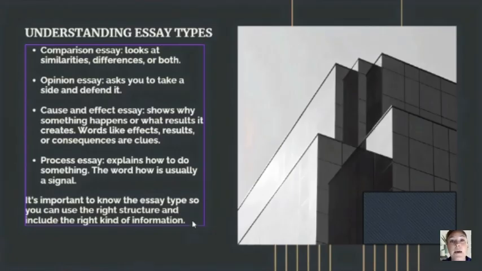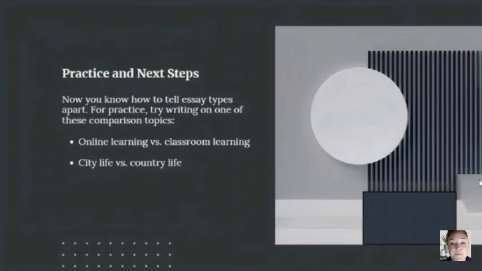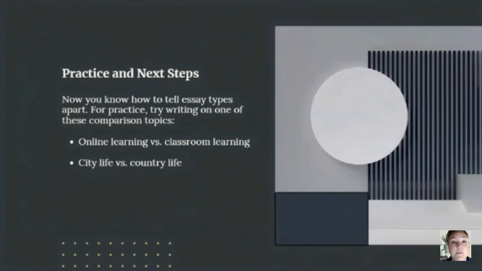So it's important to know the essay type that you are being asked to write from your teachers so that you can use the right structure and include the right kind of information and the right kind of development, for your teacher to be satisfied with your result. So for practice and next steps, now you know how to tell different essay types apart.